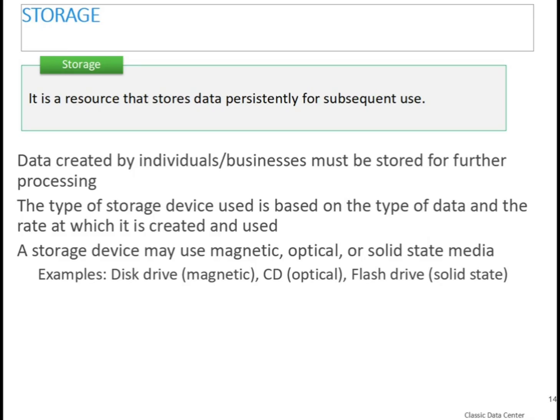Devices such as memory in a cell phone or digital camera, DVDs, CD-ROMs, and disk drives in personal computers are examples of storage devices. A storage device uses magnetic, optical, or solid-state media. Disks, tapes, and diskettes use magnetic media, while CDs and DVDs use optical media for storage. Removable flash memory or flash drives are examples of solid-state media.